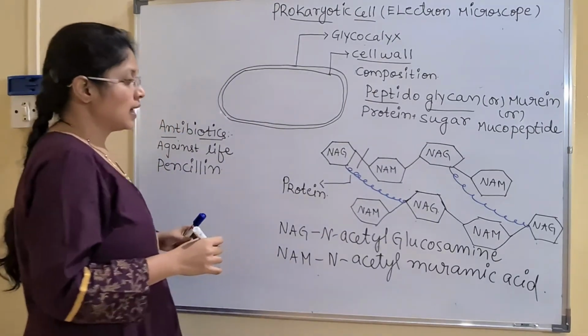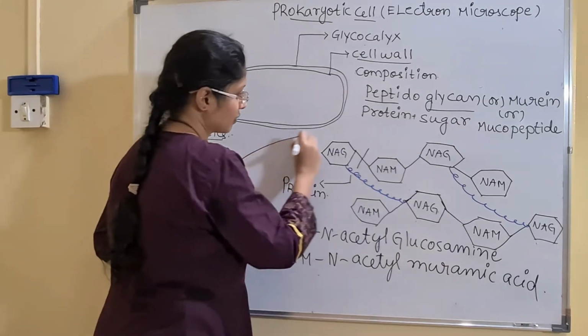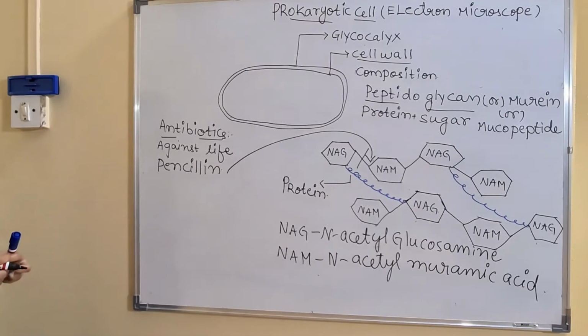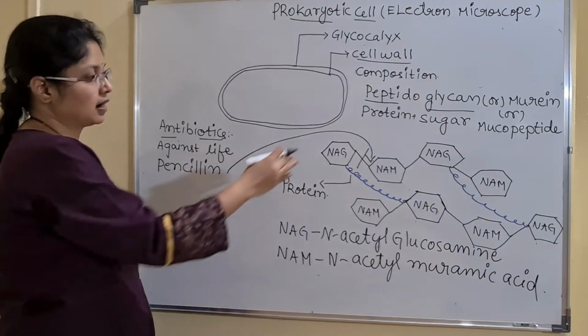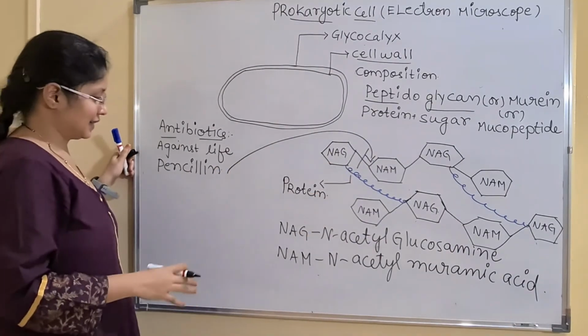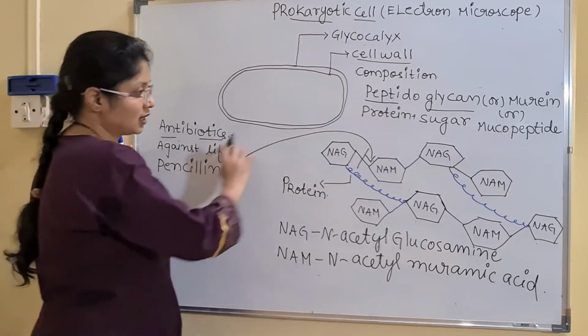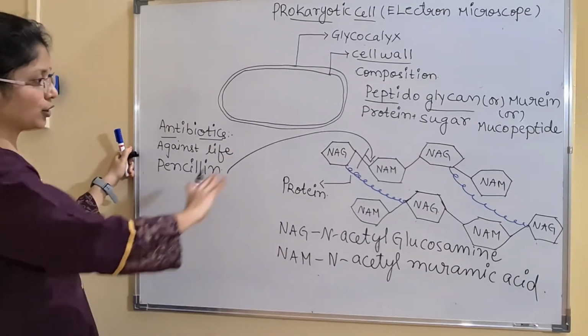Which region will it be attacking? The cross link between the NAM and NAG units. So this cross linking is mainly attacked, showing impact on the NAM and NAG cross linking. And hence we are studying this structure. In order to show the impact of penicillin on the cell wall, I am showing you the structure of the cell wall.